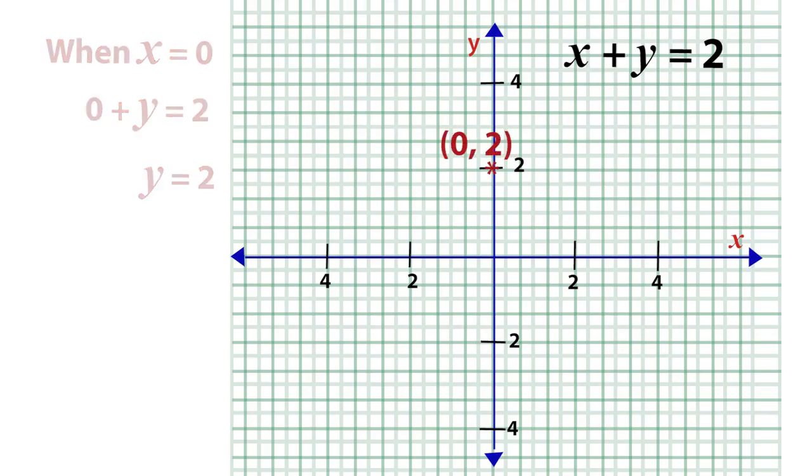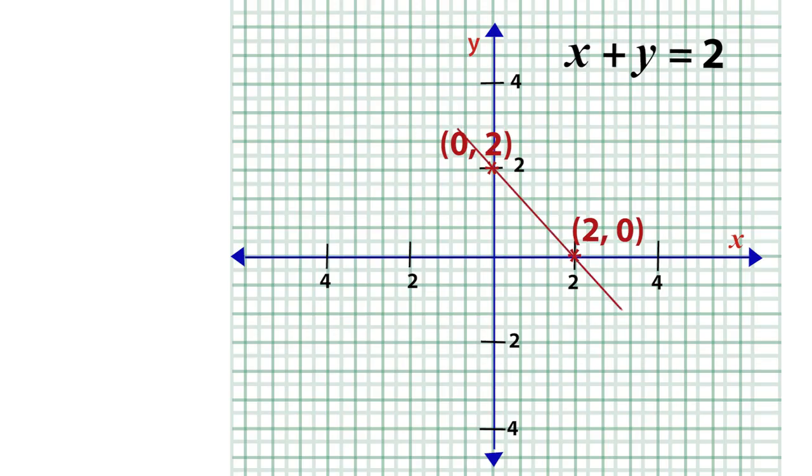Also, for the same equation, when y is equal to 0, then we have x plus 0 is equal to 2. And that will give us x equal to 2. Another point on the line is (2, 0). That is when x is equal to 0, y is equal to 2, and when x is equal to 2, y is equal to 0. So we draw a straight line through the points.